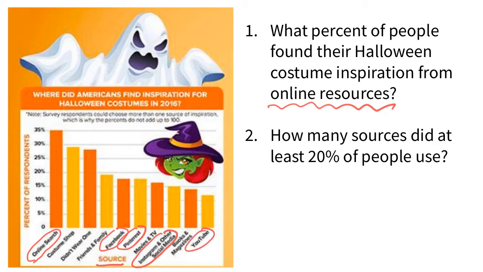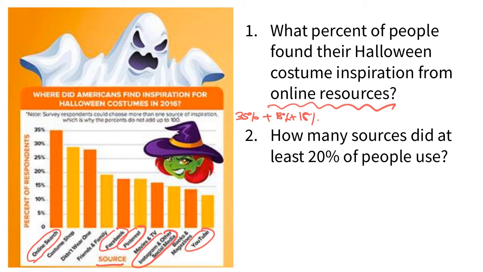So now that I have identified the sources on the x-axis, I need to find those percentages on the y-axis. So online search is 35%, and I need to add that with Facebook, which looks like it's between 15 and 20%. I'm going to call it 18%. Pinterest, which I'm also going to call 18%.